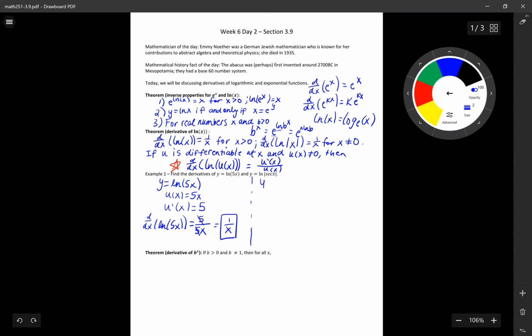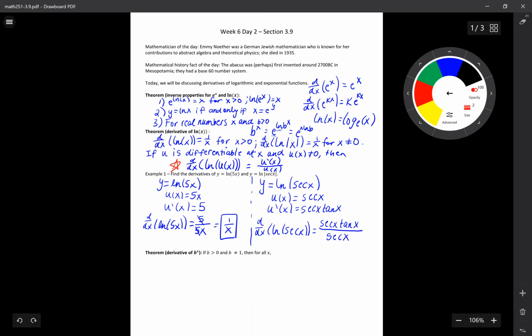Okay, and then if I have y equal to natural log secant x, well, here my u of x is equal to secant x. That means u prime is equal to secant x tangent x. So then the derivative of the natural log of secant x is equal to u prime, which is secant x tangent x, over u, that's secant x.